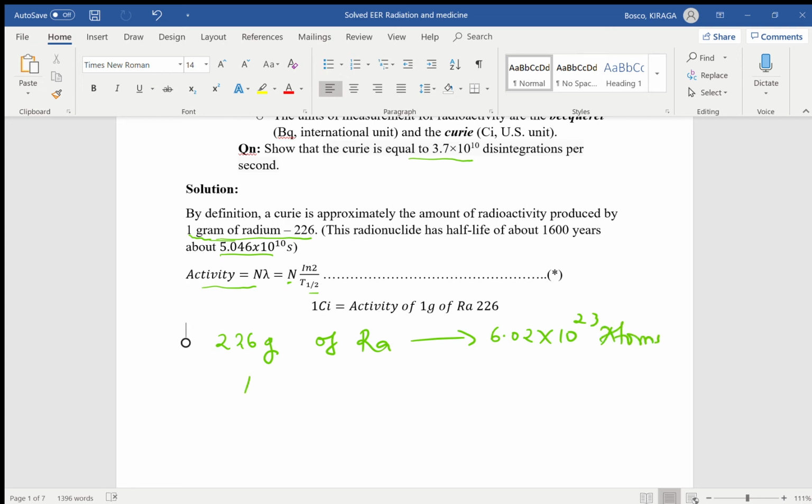So this means that in 1 gram only, we shall have 6.02 times 10 to the power 23 atoms, obviously divided by 226. So in 1 gram of radium-226, we have this figure as the number of atoms.